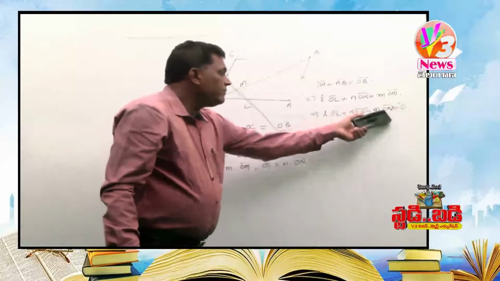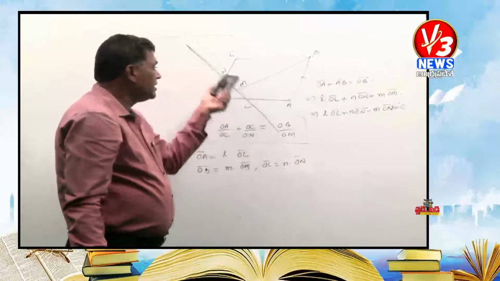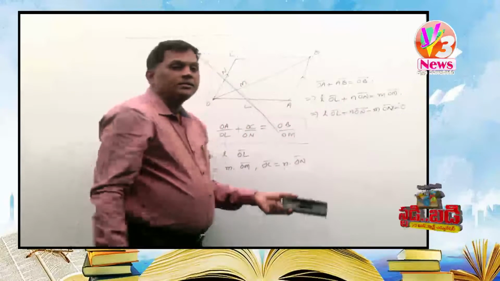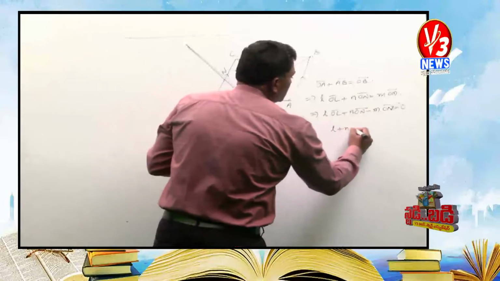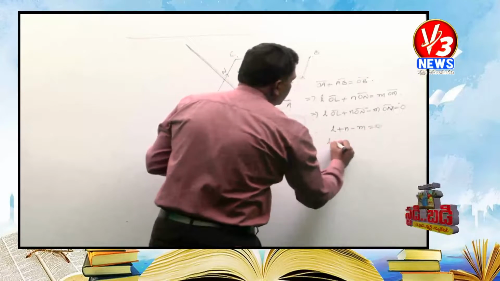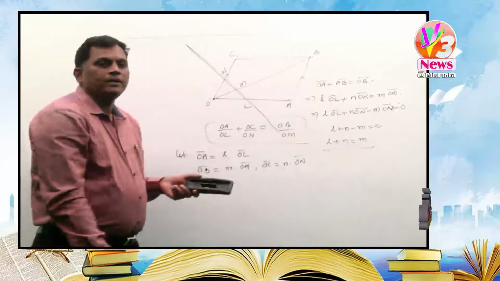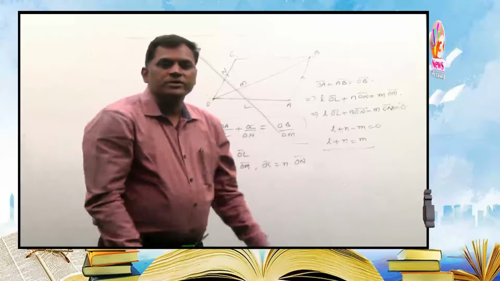Now these L, M, N are collinear points, the diagram clearly shows. If these three points are collinear, then automatically the sum of their coefficients will also be 0. So we are getting L plus N equals M. There ends our solution here.